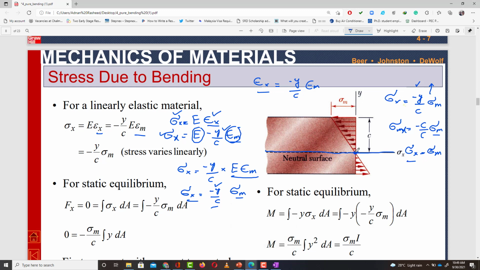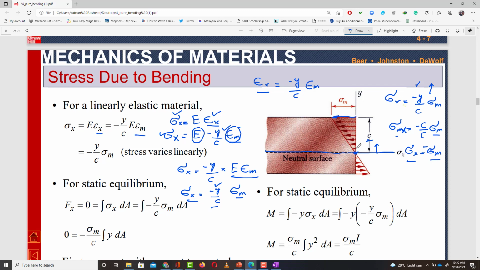If y is equal to c, y is the distance from the neutral axis to wherever you want to find the stress or strain. So if y becomes c, then the stress sigma x will be minus sigma m, and this minus sign means compression.